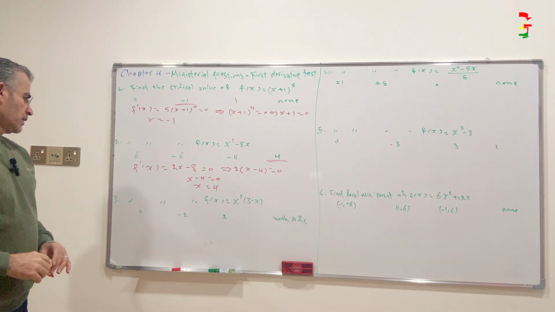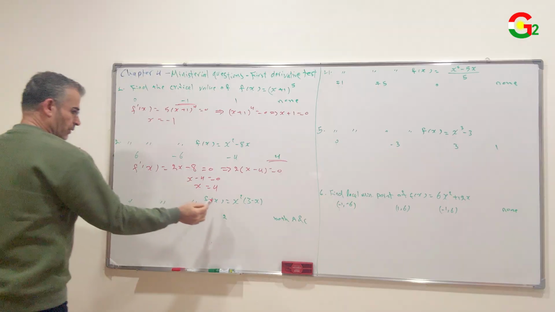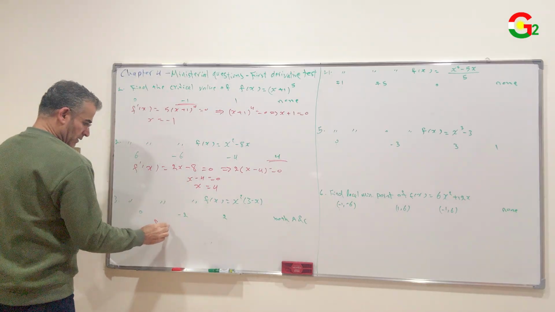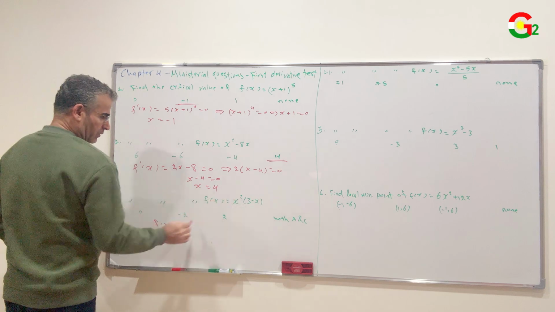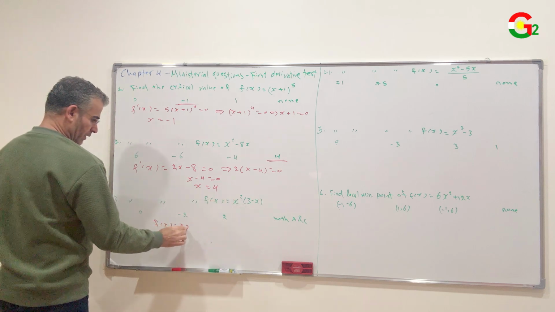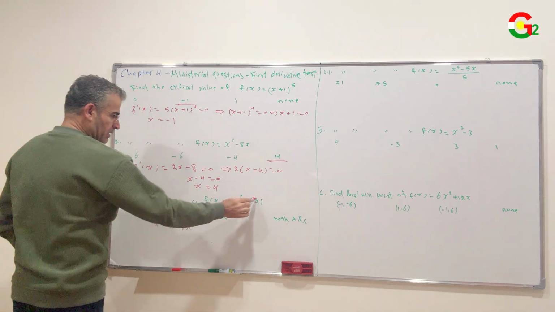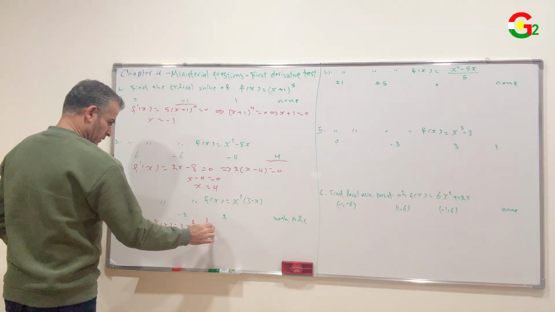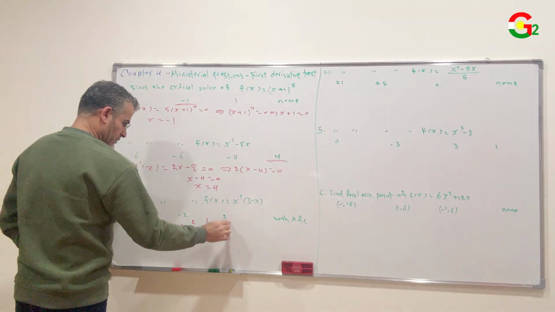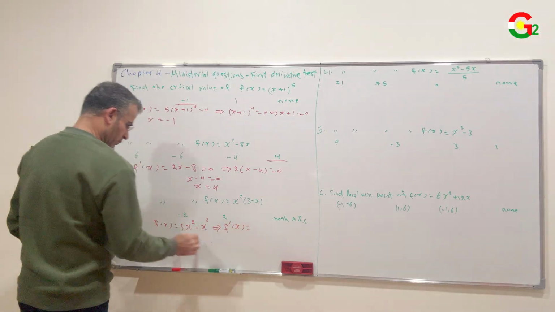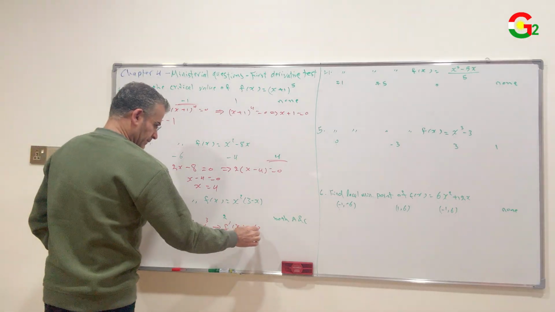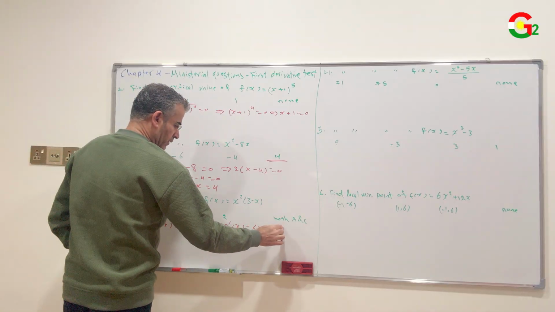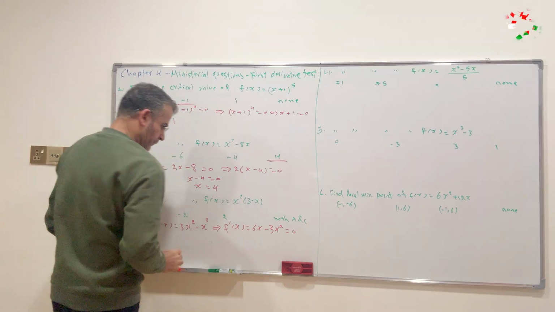Question number 3. Find the critical point of this function. F of x equals x power 2 times 3 minus x, that is 3x power 2 minus x power 3. Differentiate this function, f prime of x equal to 6x minus 3x power 2. Set it equal to 0.